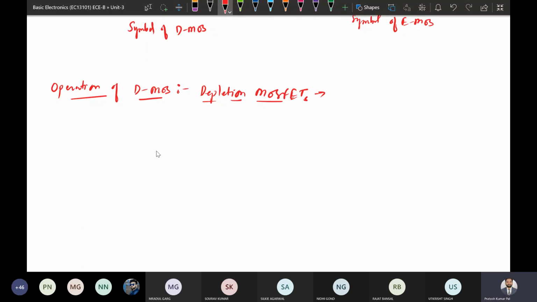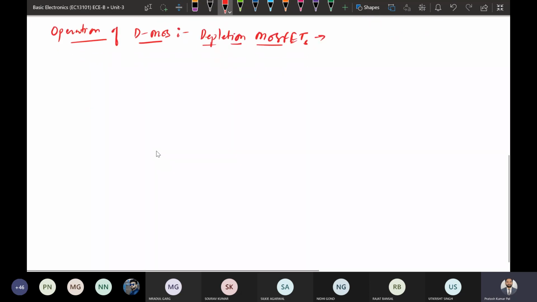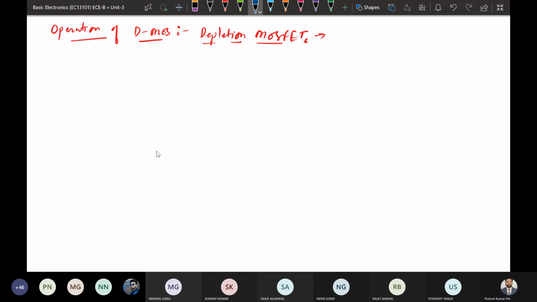In construction, it has a predefined channel. If it has a predefined channel, we can draw the structure here. This is a substrate on which we have two highly doped regions.